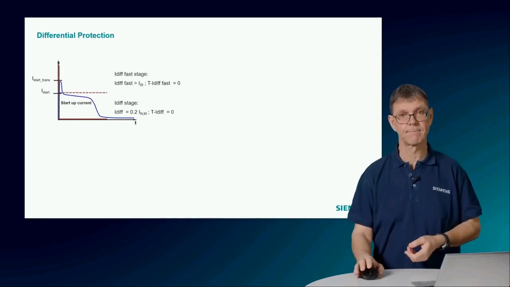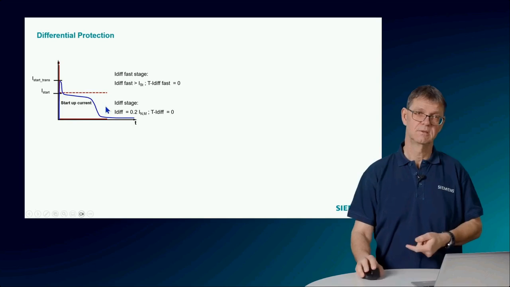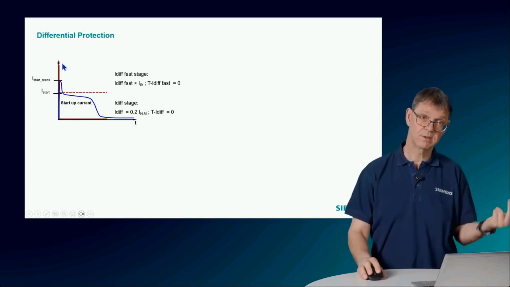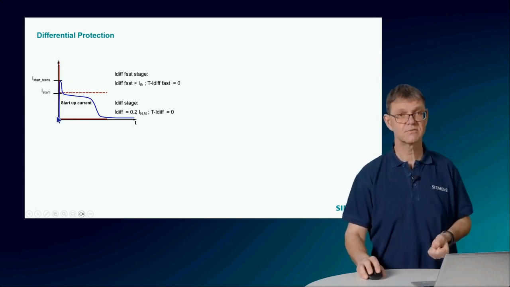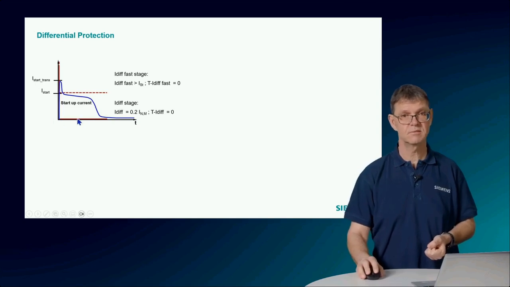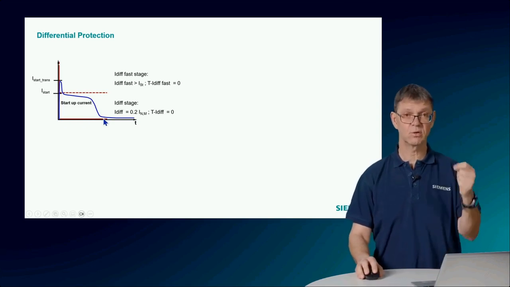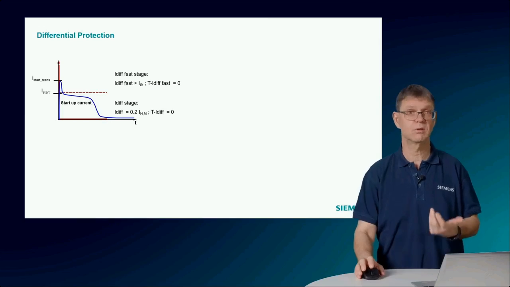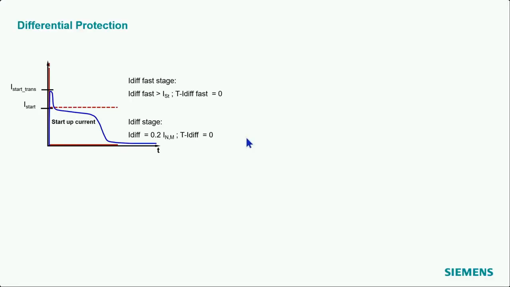If we want to make an even better protection than this relatively simple overcurrent protection, then we can go for differential protection. Here we can set basically two stages. For the sensitive stage, you see the threshold is relatively low, much lower than the nominal current of the motor.